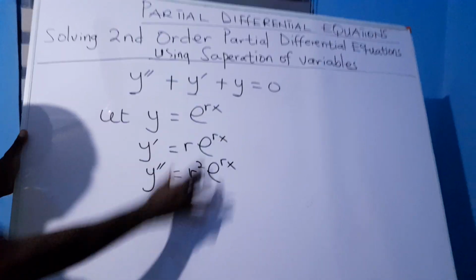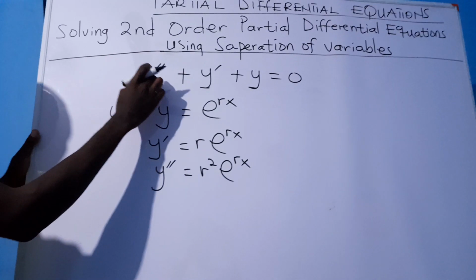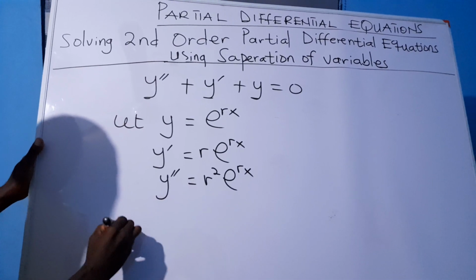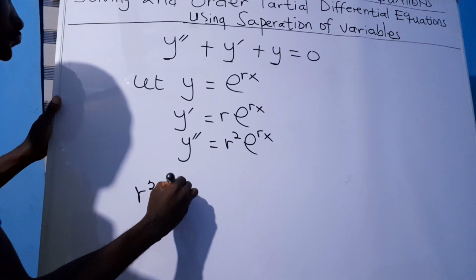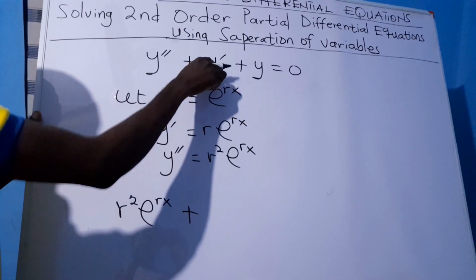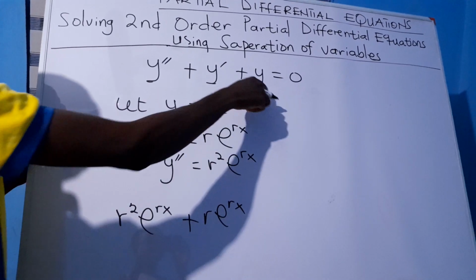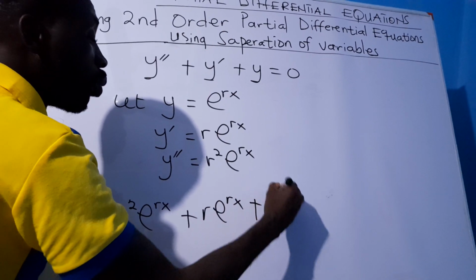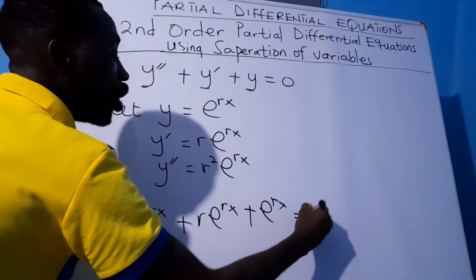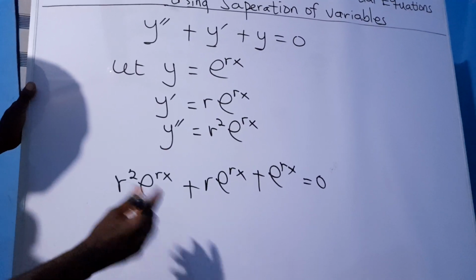We substitute this into our equation. So in place of the second derivative of y, we put this. We get r square e exponent r of x plus r e exponent r of x, then our y is e exponent r of x, and it's equal to 0. What is common? e exponent r of x is common to all of them, so we factor it out.